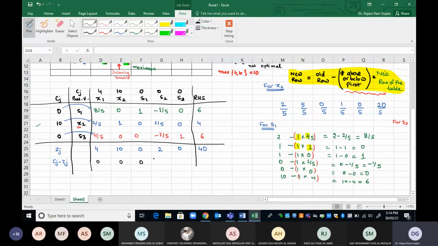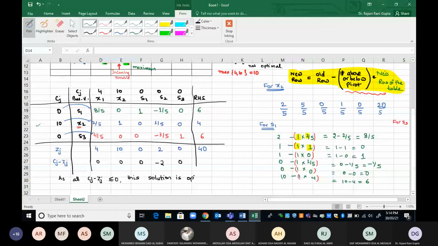So now we say that as all Cj minus Zj are less than or equal to 0, this solution is optimal. It means we have to stop here. This is how we understand that we have reached the solution.